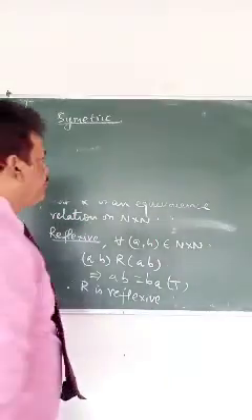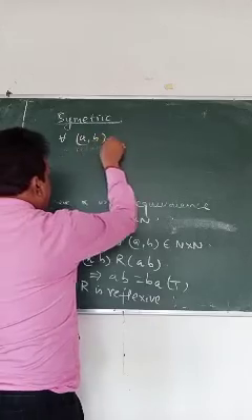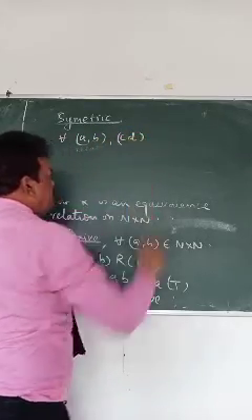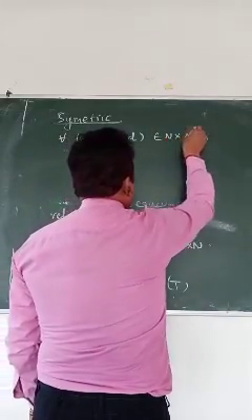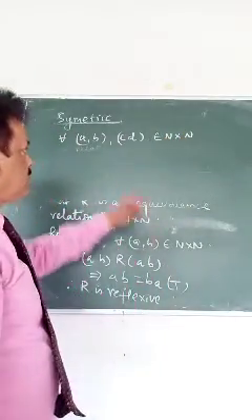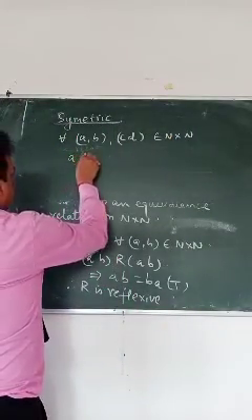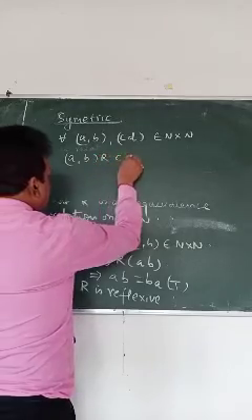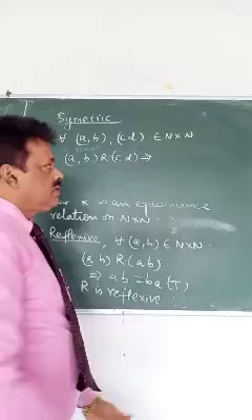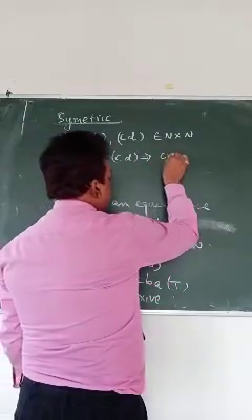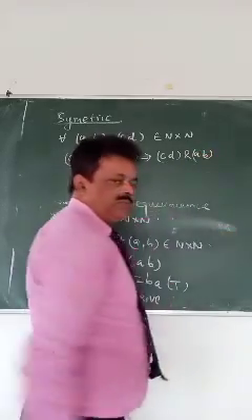Symmetric: you have to write, for all (a,b) and one more pair (c,d) belonging to N cross N, you have to show (a,b) relates (c,d) implies the reverse, (c,d) relates (a,b). This is what you have to prove.